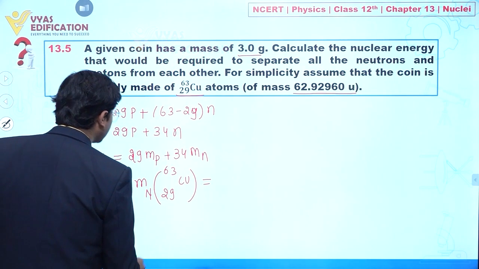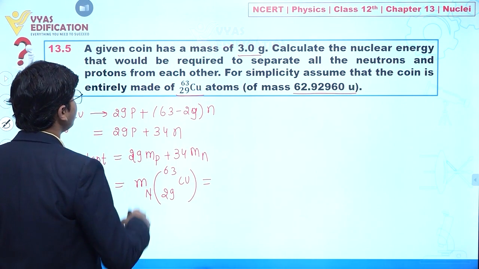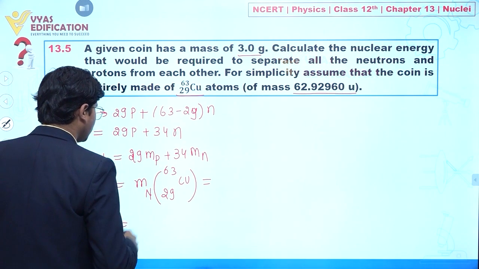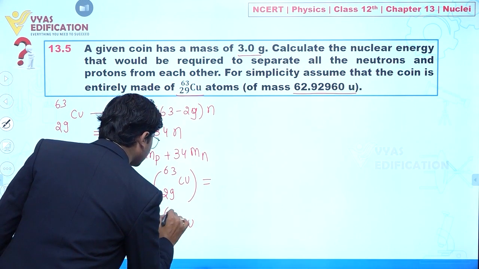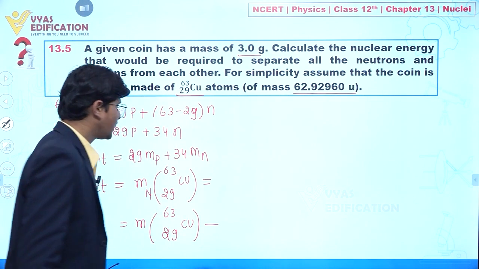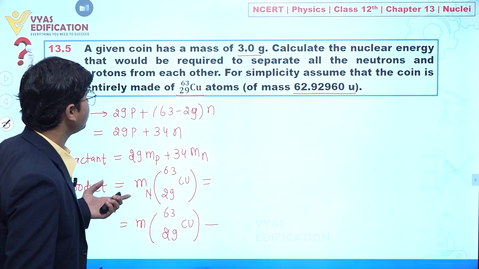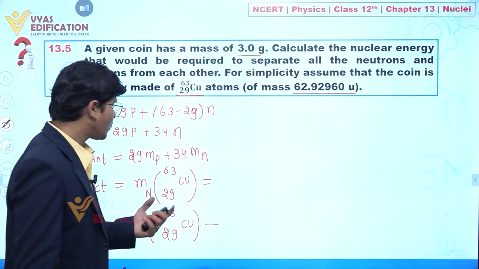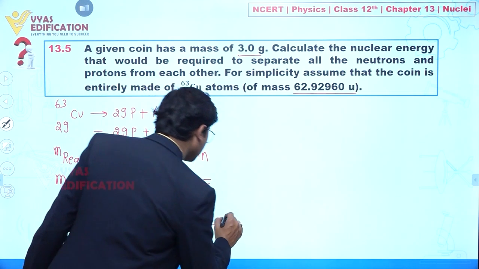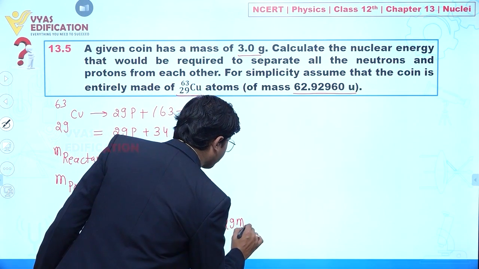So directly you can write: the atomic mass of copper 63 minus the total number of electrons, which is equal to the total number of protons, so 29 Me. Clear.